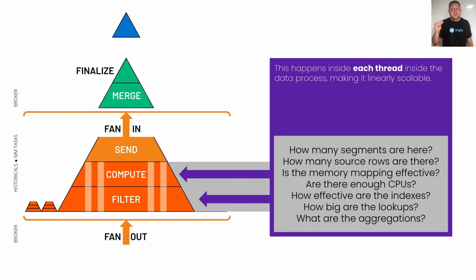Now let's go into each of the processes as they process each segment. The job of working through the queue of segments is handled by multiple threads. One thread handles one segment each at a time, processing each one until the queue is empty. Now that means you can scale up all of the filtering, all of the aggregation operations up to the number of segments that will be scanned.